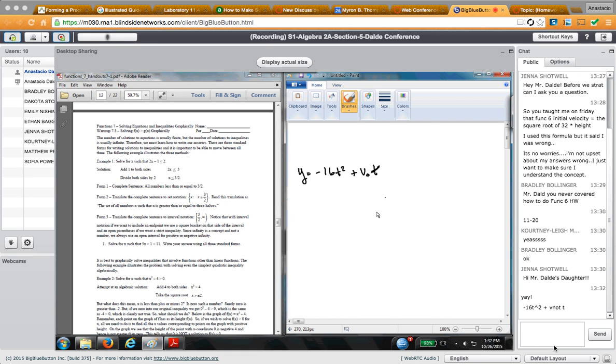And this is the general equation from physics, basically, but we also know this as a quadratic equation. If I want to know what time the ball is on the ground, or I guess the person, what time is the person on the ground?